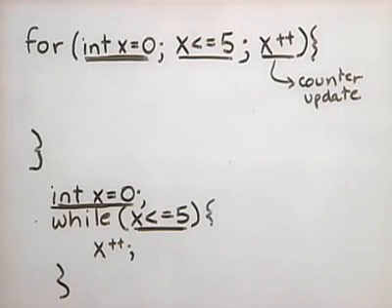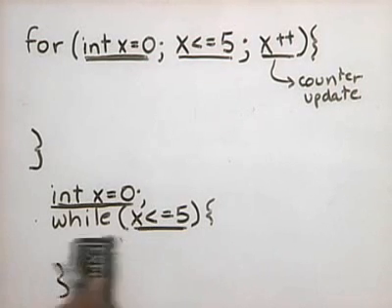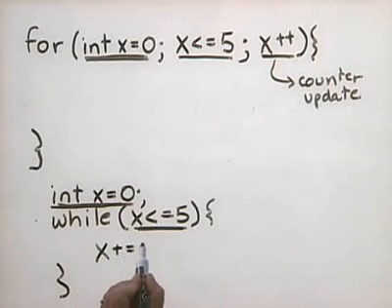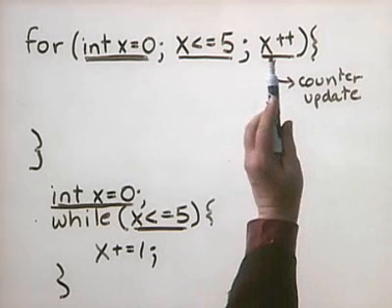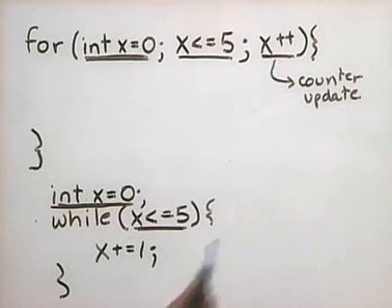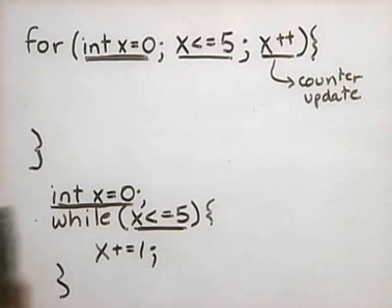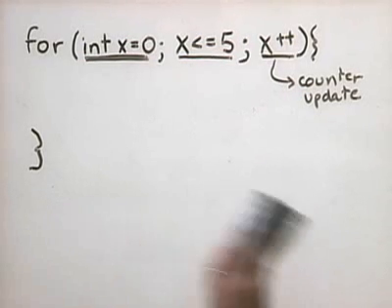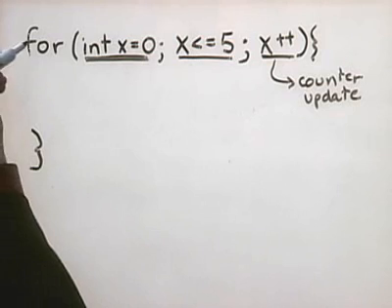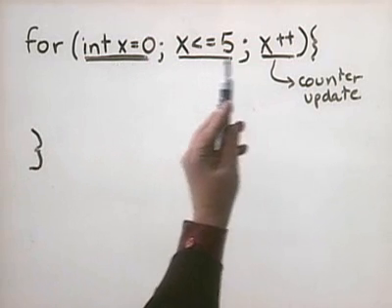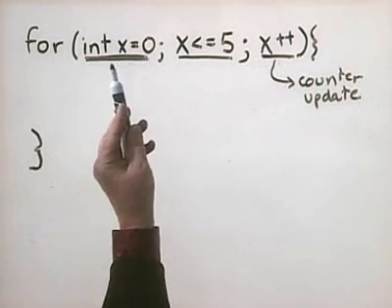Now we could express the incrementing like that, or we could express it the way we did before. Both of those are doing basically the same thing. But the updater is at the top of the for loop, and the updater here is somewhere in the middle. So the for loop really has the same components as the do or the while loop. The difference is that all of the components are listed at the very top.